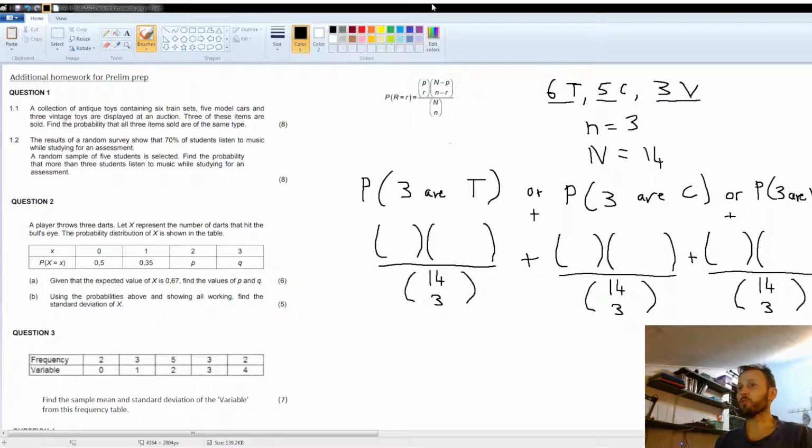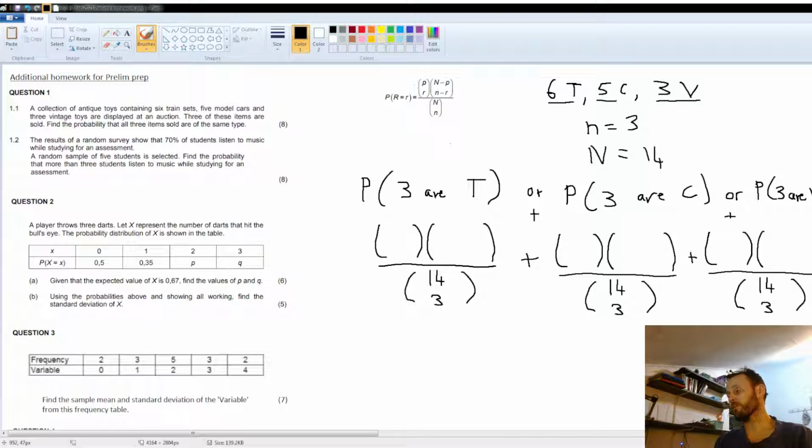Now the numerators, we have to think differently. Recall that P means how many are there of the object you want, and then R is how many of them you expect to get. Then N minus P is whatever's left over, and N minus R is whatever. So let's check. How many trains are there in total?